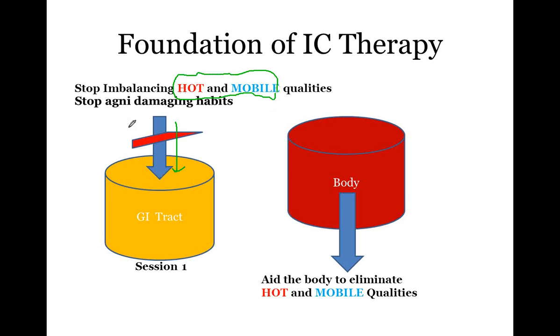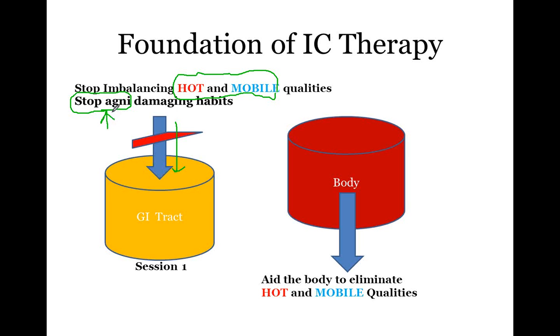But the other thing we would want to do is stop the Agni damaging things that we do on a regular basis. And this gets into our day-to-day routines. Using cold water or ice water on a regular basis helps plug up and reduce our digestive power.